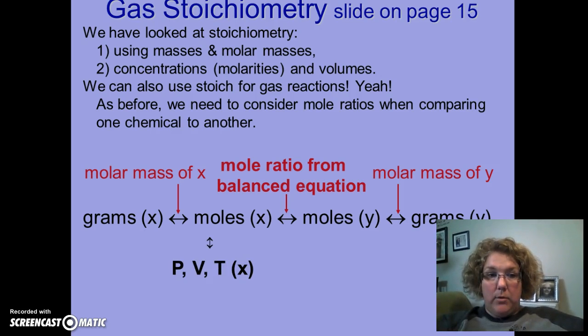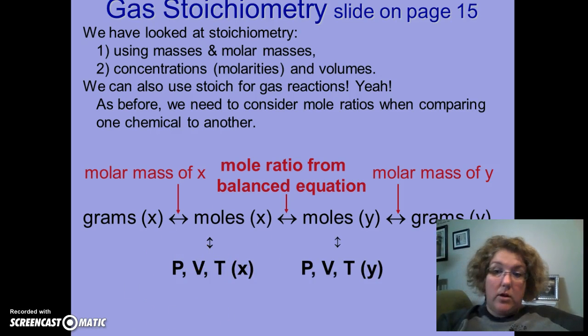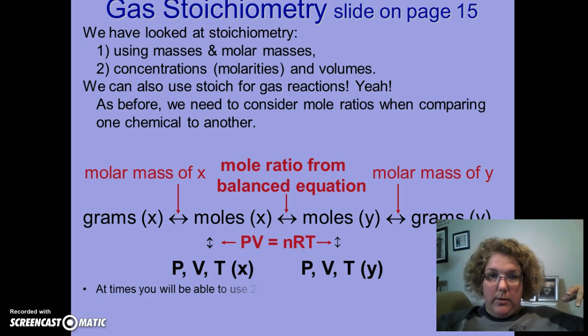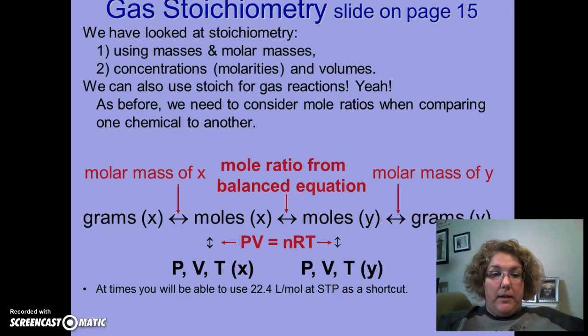So we can get to moles, instead of by using molar mass or molarity, we can get to moles of a gas using PV equals nRT. Either we can start with our gas or end up with a gas, either way. And then at times, instead of using PV equals nRT, you'll get to use 22.4, but that's only if it's at STP that you can use that shortcut.